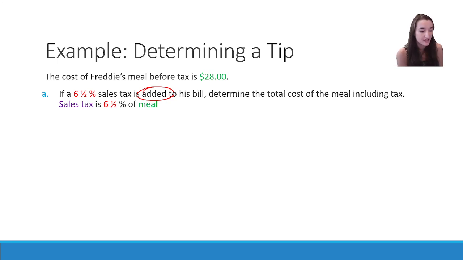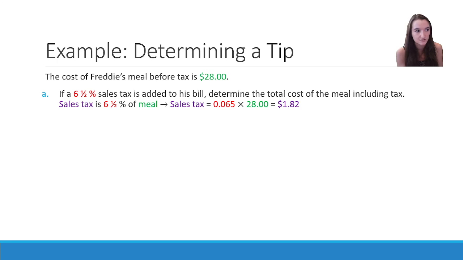So the sales tax is 6.5% of the meal. 6.5% is 6.5, right? Moving that decimal over twice, we get 0.065. "Is" becomes equals, "of" becomes times, and we know the meal price is $28, so the sales tax equals 0.065 times 28, which is $1.82.